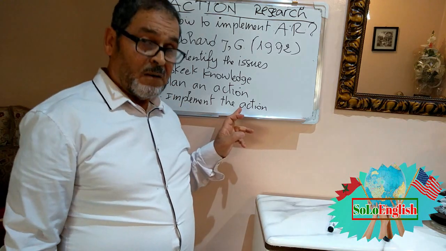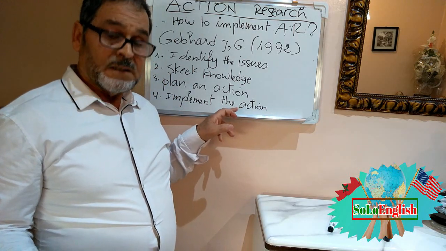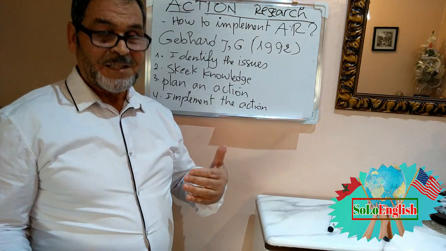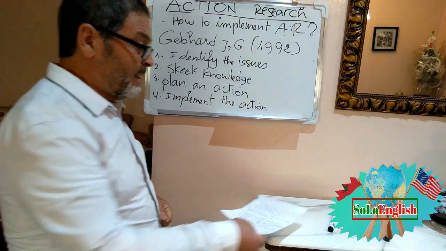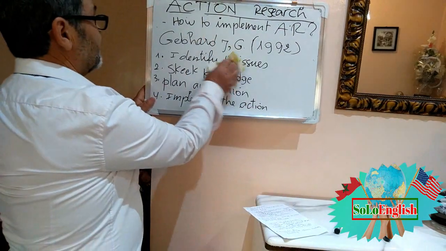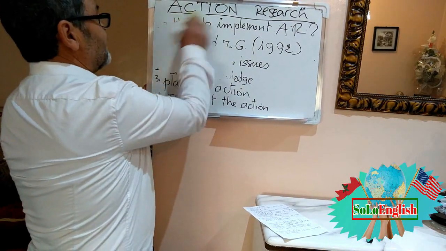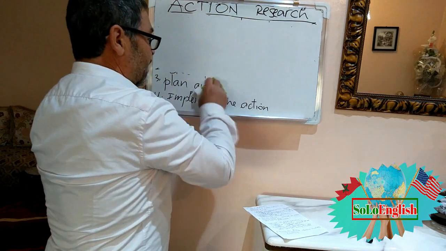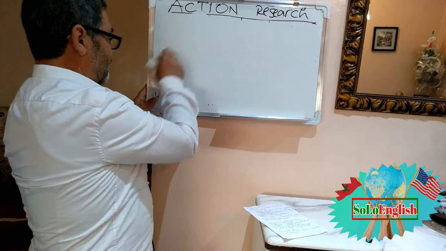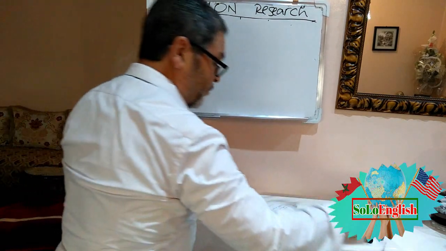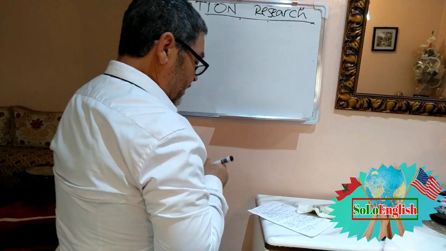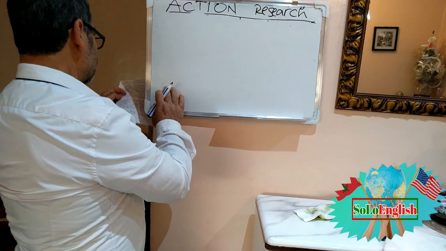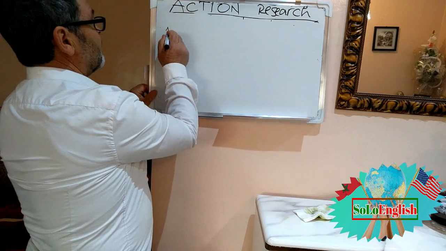Implement the action. Now I'm going to explain this point. Implement the action. It is procedure. So how to use the action research, what is the plan, or how to implement it, or what are the procedures to follow? In this point we have first, location.